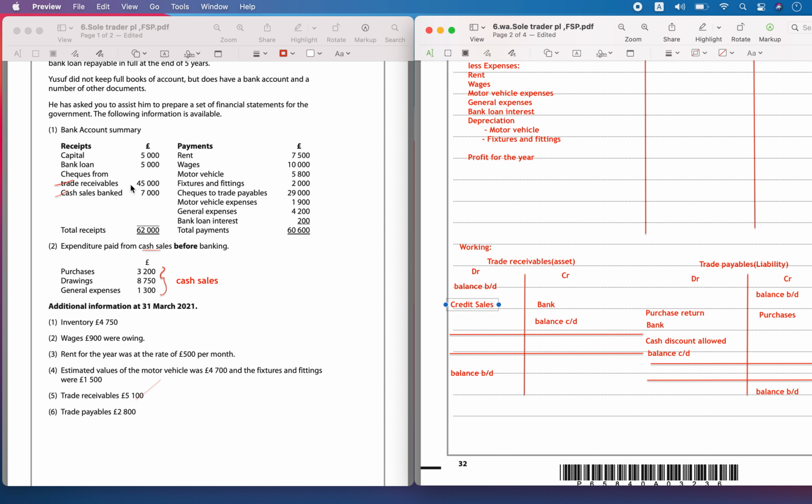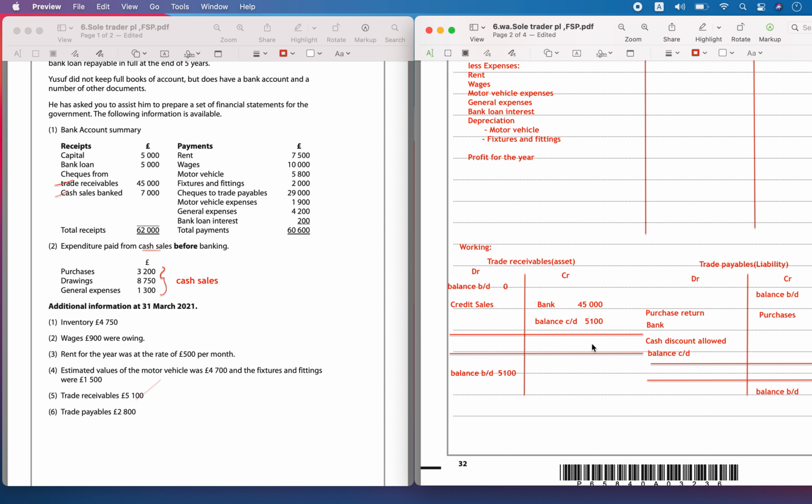But the cheques from the trade receivables were at 45,000. So the cheques paid were at 45,000, and then the ending balance was 5,100, so this will become the balance c/d. Now we will assume that there was no beginning balance, that's 0.